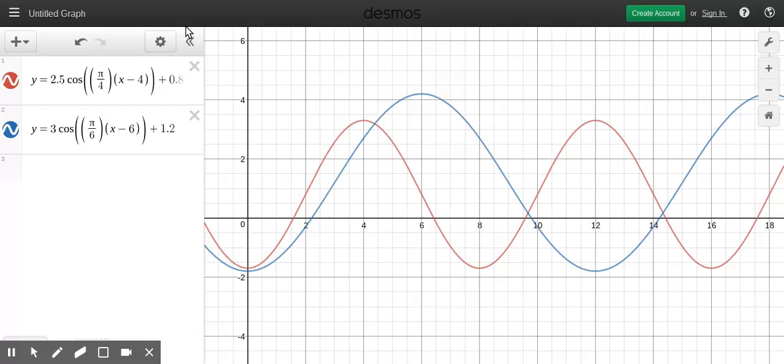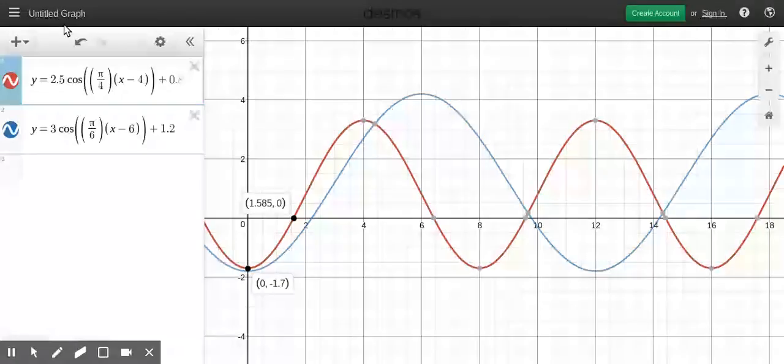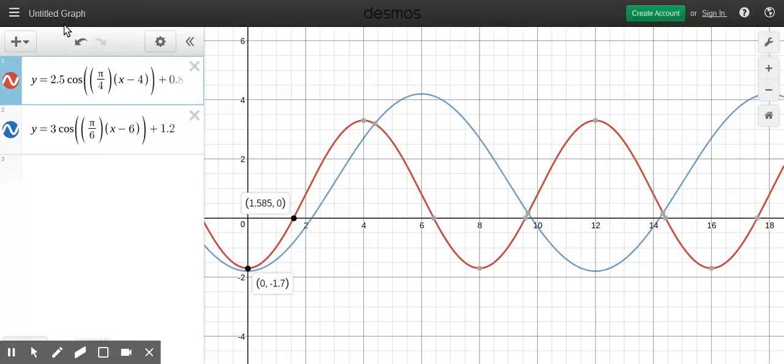Alright, now what we're trying to look at is when are both probes underwater. So I'm going to say down here, both probes are underwater between 0 seconds and 1.585 seconds. So I'm going to put T, it's at 1.585.